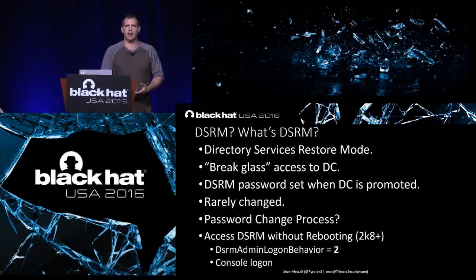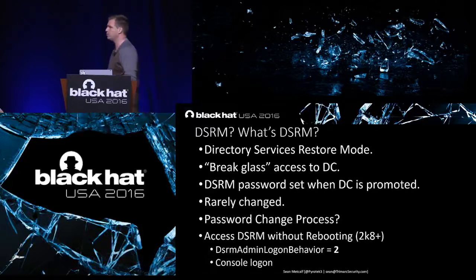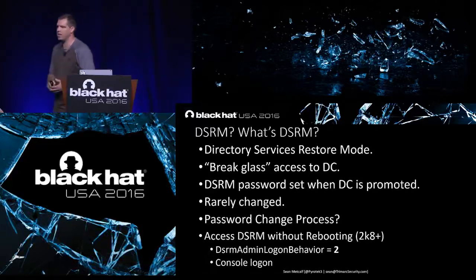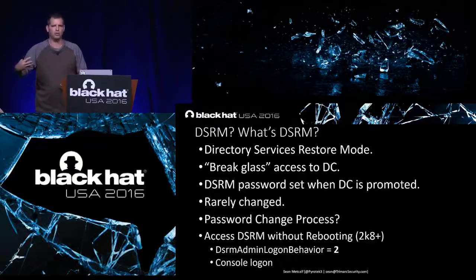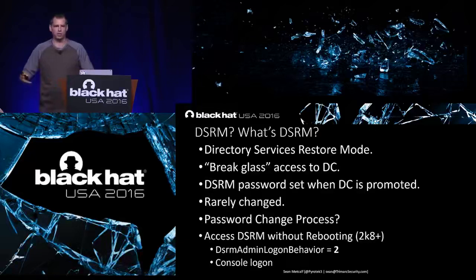Few organizations actually have a process by which this gets changed automatically. And oftentimes they set this registry key, DSRM admin logon behavior, to 2, which means that I don't have to reboot into DSRM mode in order to log in with this account. I don't have to stop the Active Directory service on the domain controller to log in with it. I can log in over RDP.